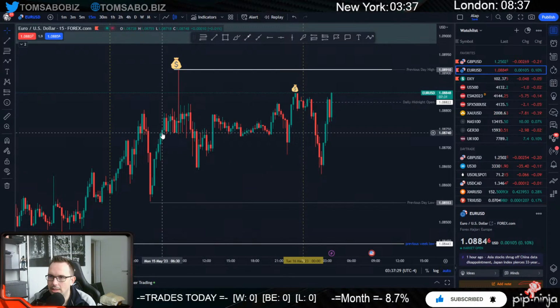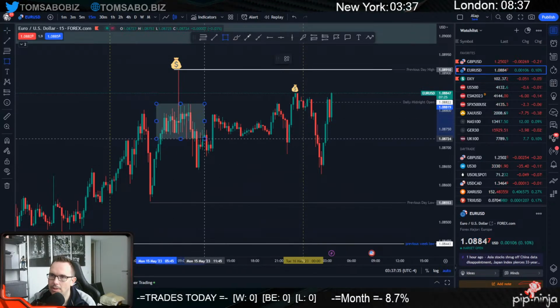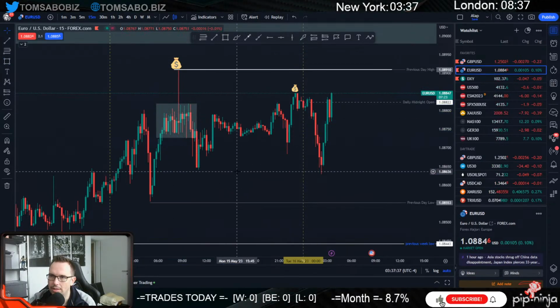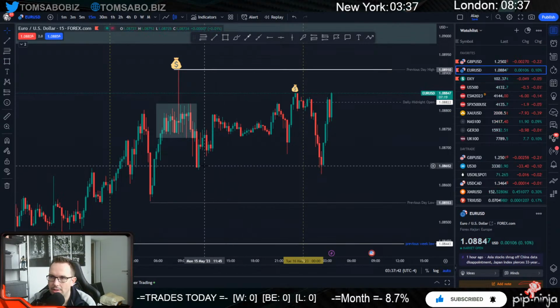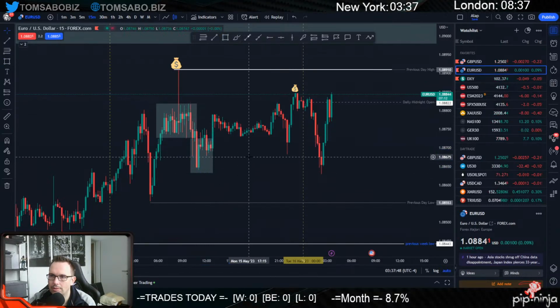So maybe this area here. Let me just do something here. Maybe this here is the accumulation phase, an intraday phase, and then maybe this would be the manipulation, right?